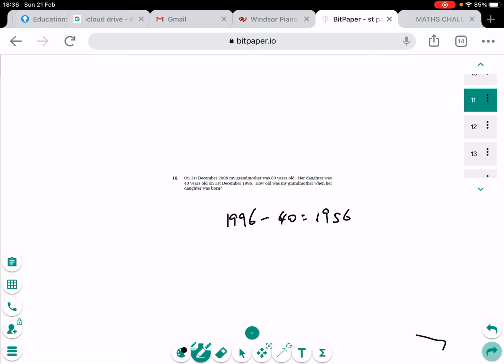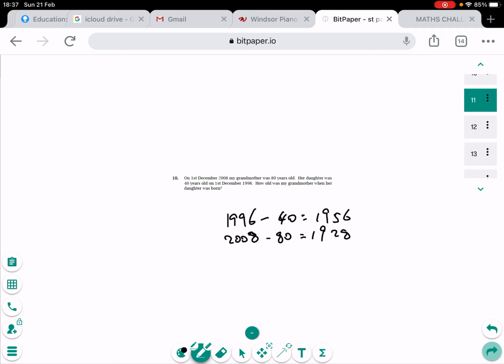So then we take 80 years old. 2008 minus 80 equals 1928. So yep, 1928.